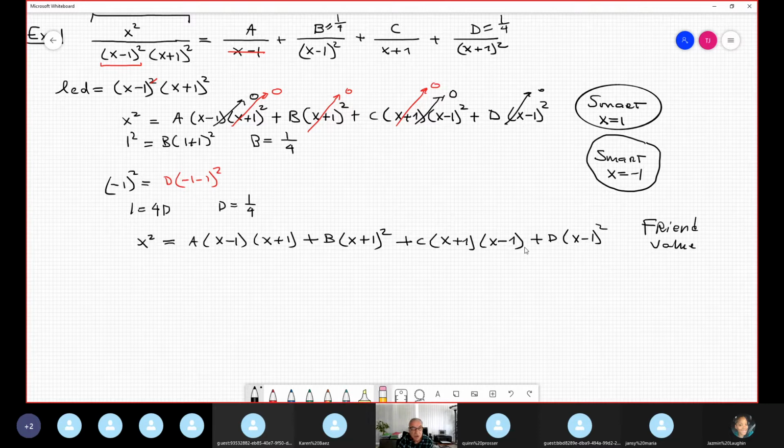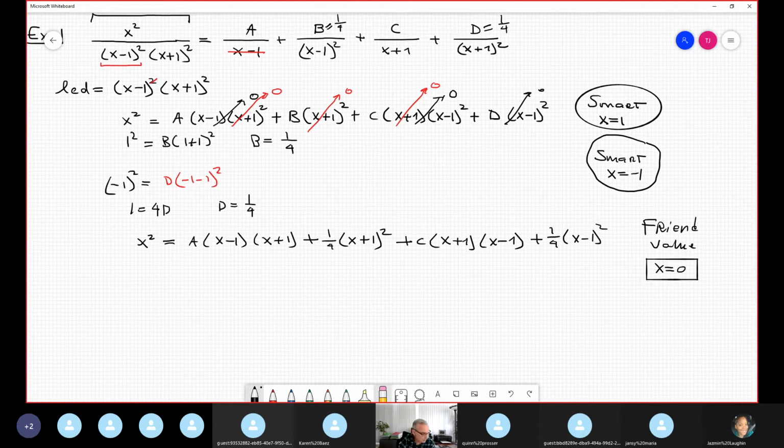But under the consideration that B I know, which is 1/4, so this information is clear, and D is 1/4 also. So you take a totally arbitrary frame value. But of course, you take an easy one, not 100 or 3000. x equals 0, I like so much. This is my preferred frame value.